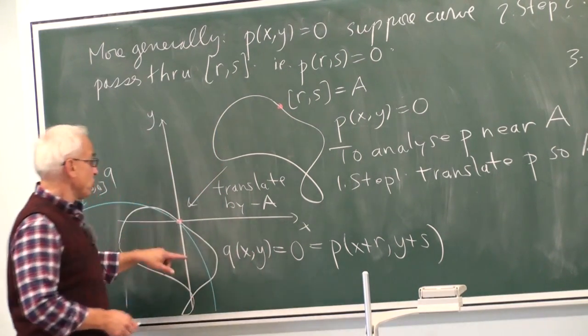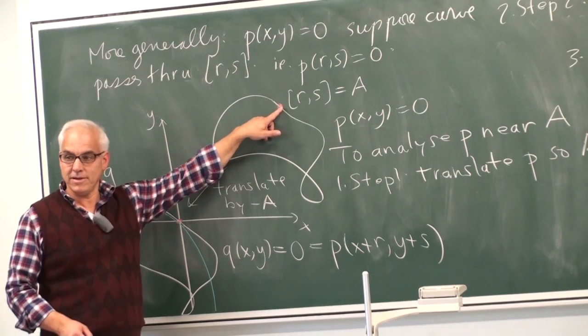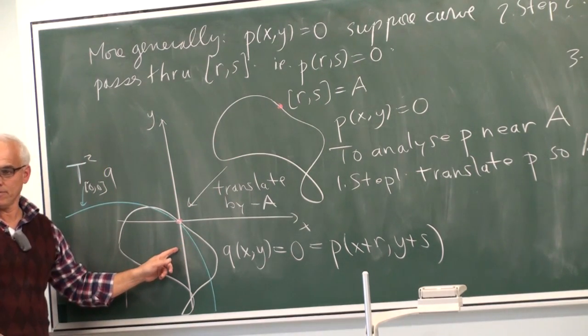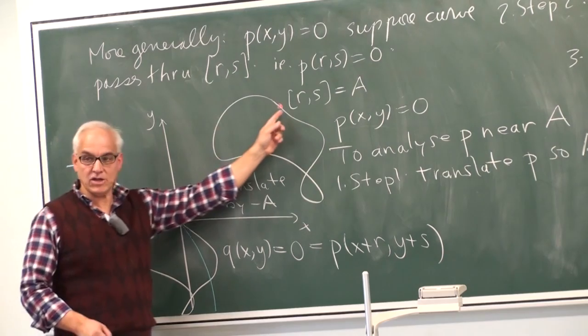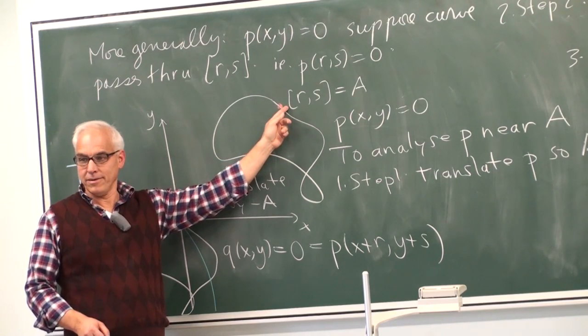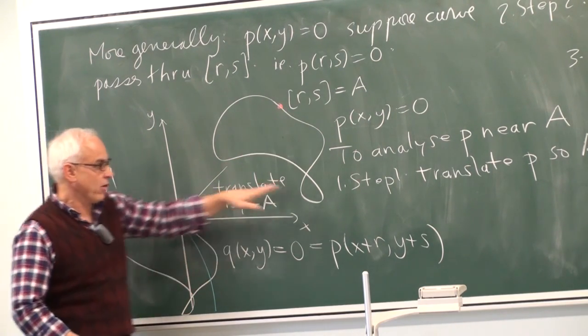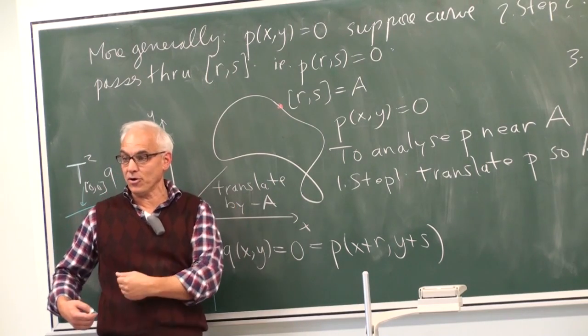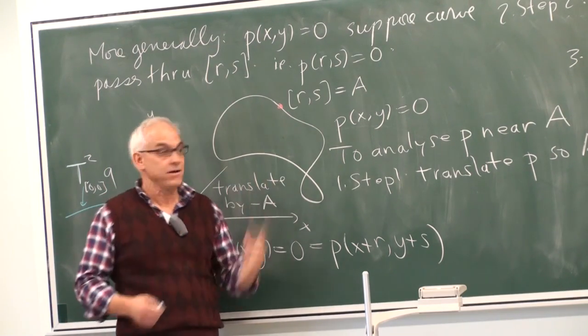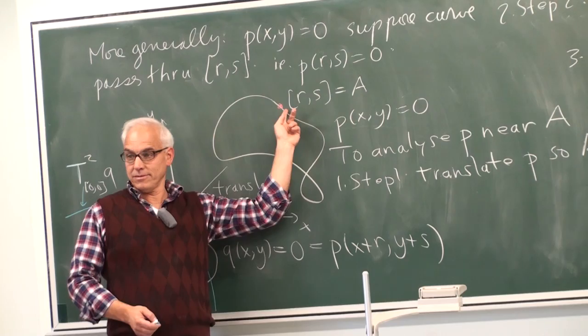But that's not the tangent conic to this thing. That's the tangent conic down here. Now we still want the tangent conic up here. Well, what we have to do is reverse the translation step that we did earlier and translate it now back to where it started.